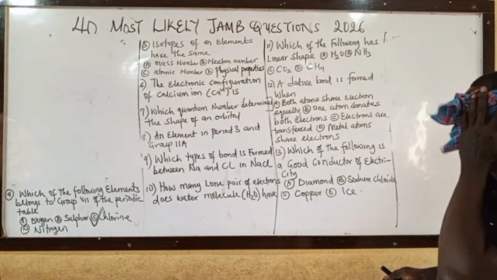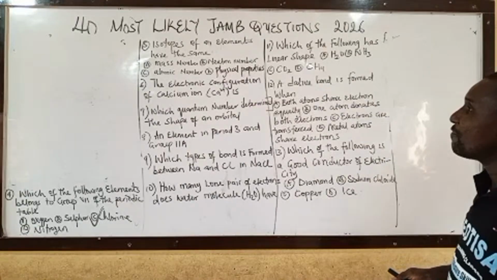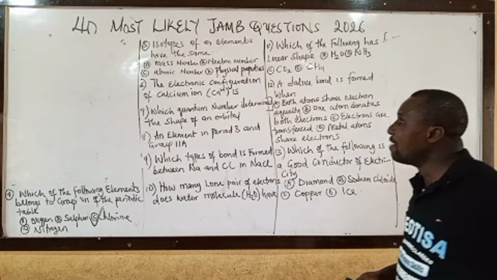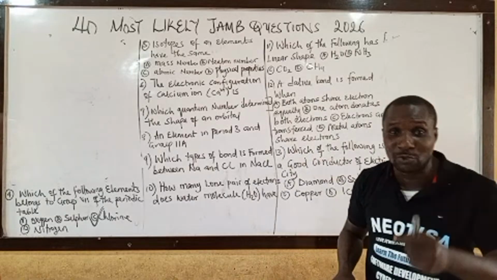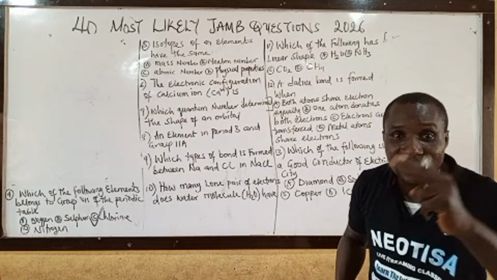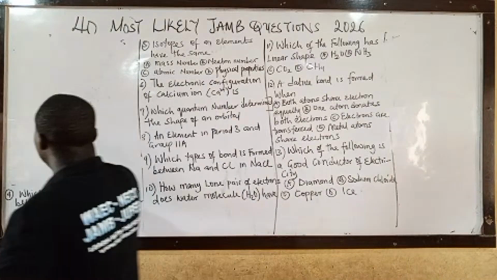Number 5. We have isotope of element. Let me quickly explain this. You will see questions on isotope, isotone, isobar. What is isotope?